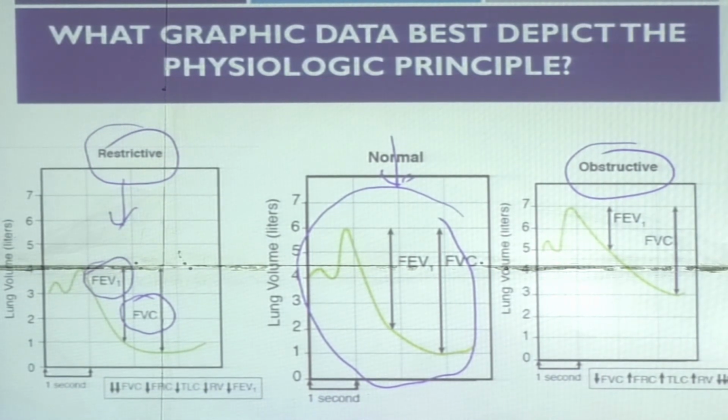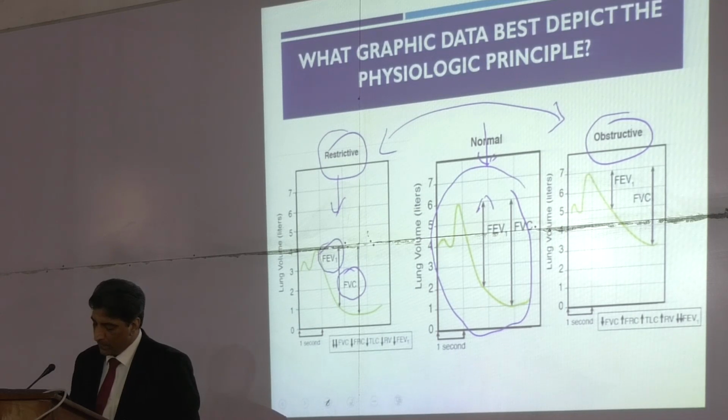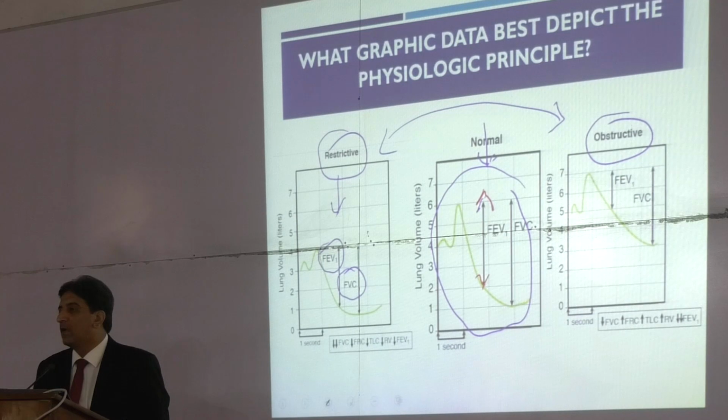In contrast to restrictive disease, in case of obstructive disease, what are you appreciating? This arrow is showing the level of forced expiratory volume in the first second, that is FEV1.